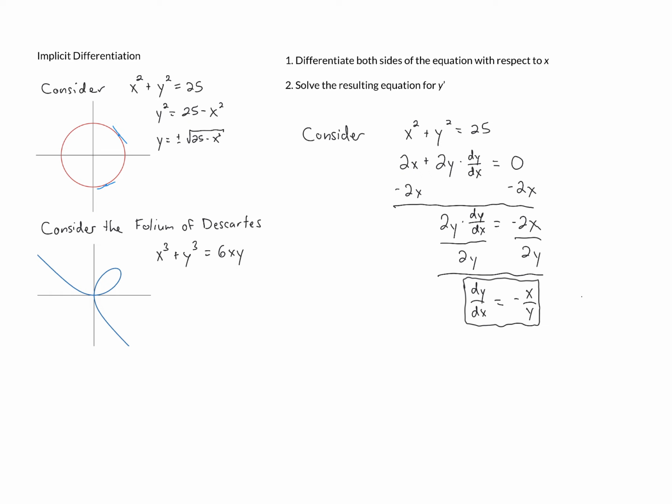So when we're using implicit differentiation, it's quite possible, and honestly it's likely, that the result that we get is going to be in terms of both x and y.